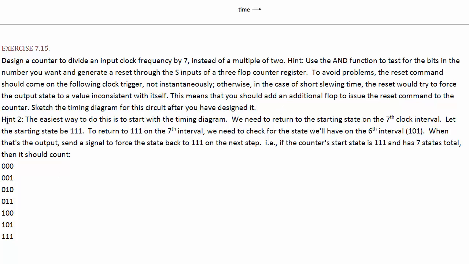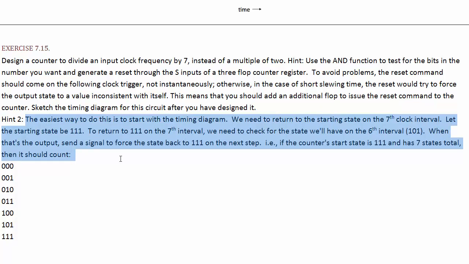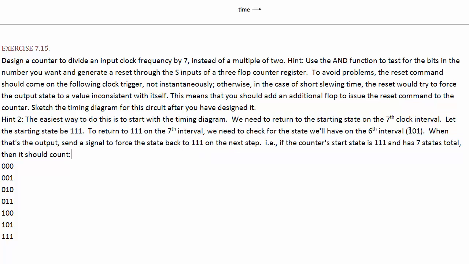Now I suggest that the easiest way to do this is probably to start with the timing diagram. You need to return to the starting state on the 7th clock interval. So you start on 000, 001, 010, 011, 100, 101, 111.